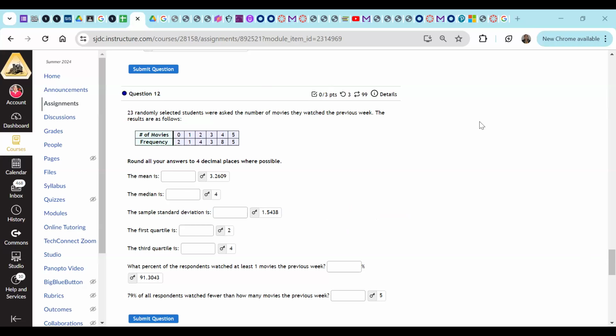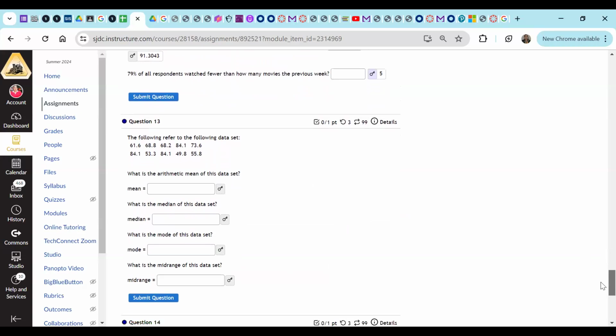Taking us forward. This question is saying the following refer to the data set that's given to us. We're going to find the mean, the median, the mode, and the mid-range. So you remember how to find the mean, the median, the mode. Do you remember the mid-range?